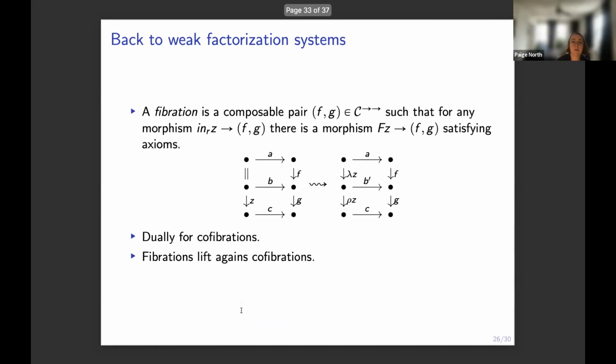Okay, so when we're in this new kind of weak factorization system that's defined by this relative monad comonad thing, what does it mean to be a fibration or a right map?